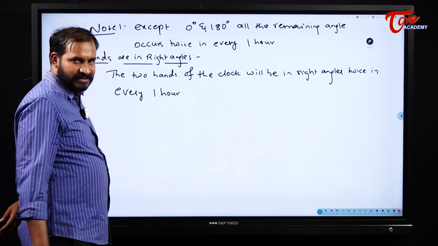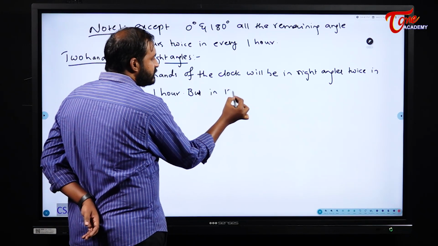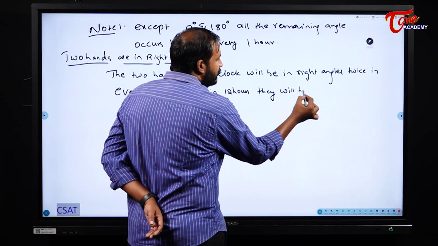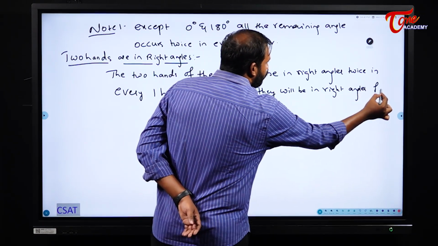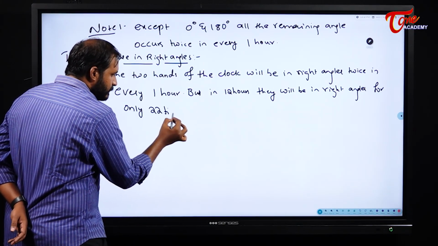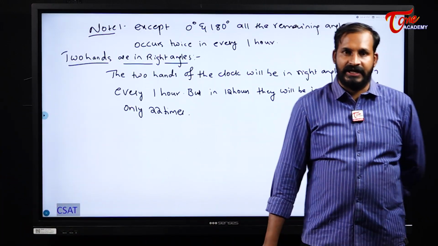Here also we will have some exceptional case students, but in 12 hours they will be in right angles for only 22 times. Where are we losing these two right angles?